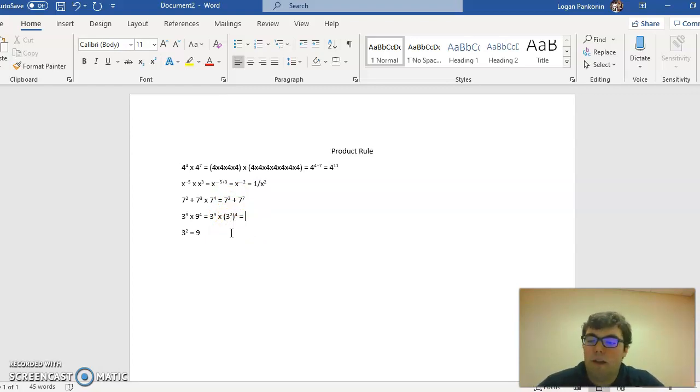And so what we have is 3 to the 9th times 3 to the 8th. And then, since we have the same bases, we can use the product rule. And so we have 3, and then we're going to take 9 plus 8, which is really just 3 to the 17th power.